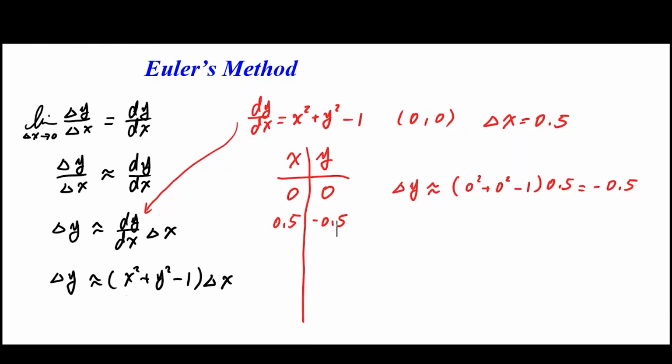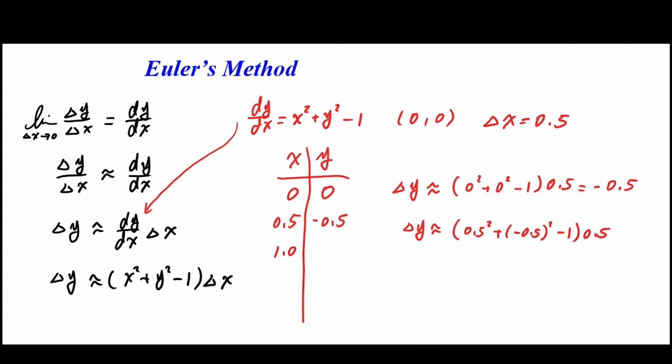Now, of course, x will increase by 0.5 again, so we have 1.0 here. And we'll calculate delta y again. Delta y is approximately, now using this coordinate, these two, so we have 0.5 squared plus negative 0.5 squared minus 1 times 0.5.